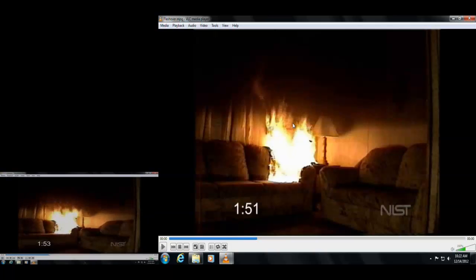Now, as this continues to grow and heats up this upper layer, and this upper layer again banks down, we'll see that there's significant heating going on of the adjacent objects. We see melting and warping of this lampshade.